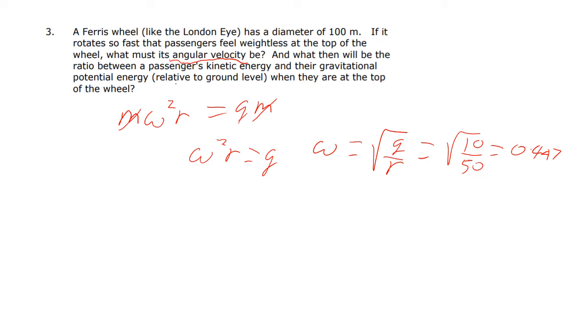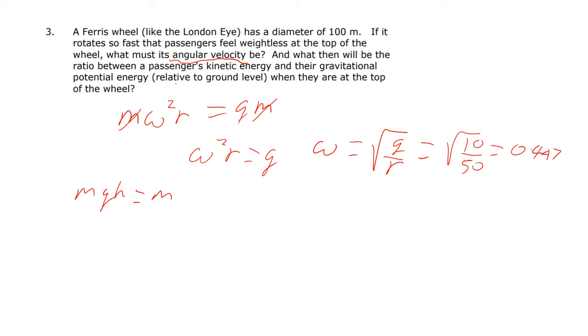After that, we need the kinetic energy and gravitational potential energy. We can do potential energy first. That's mass times gravity times height, and we don't know our mass yet, so we'll just say it's a multiple of m.